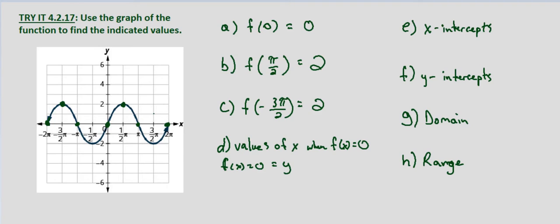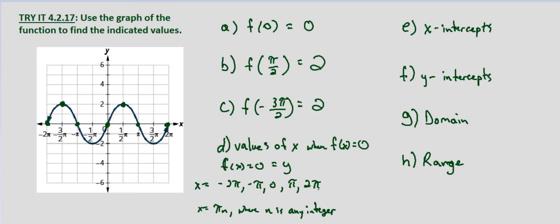So the values of x where f of x equals 0, at least as far as on our graph, are x equals negative 2 pi, negative pi, 0, pi, and 2 pi. But it goes on infinitely in both directions, so technically we should say that the values of x when f of x equals 0 are x equals pi times n, where n is any integer.